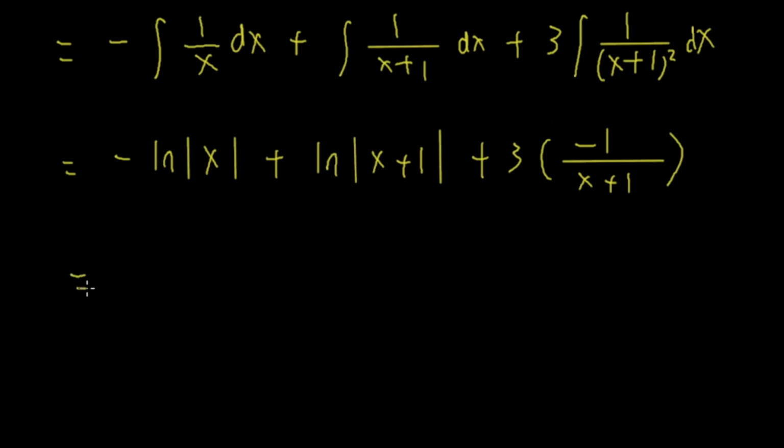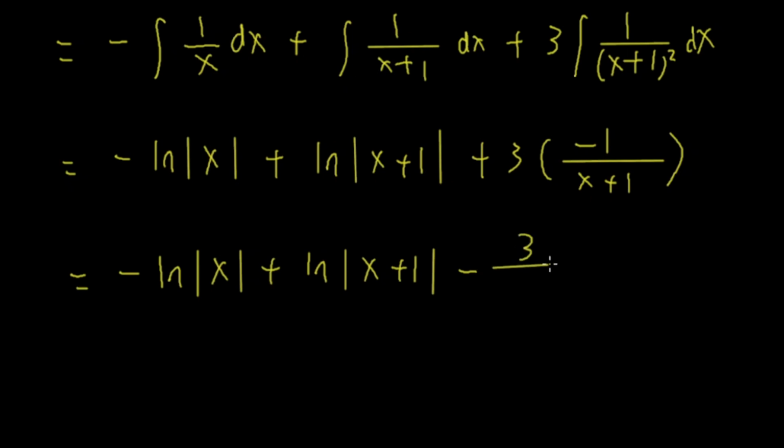So we can rewrite this as negative ln of x plus ln of x plus 1 minus 3 over x plus 1. Are we done? Yes, we're done. So we can plus c here. Okay, so this is the integral for this.